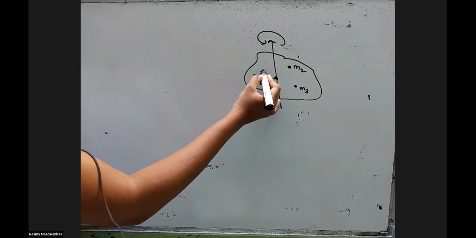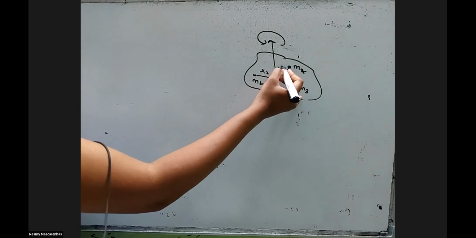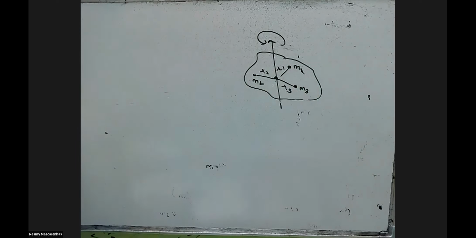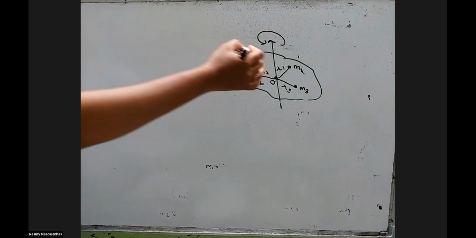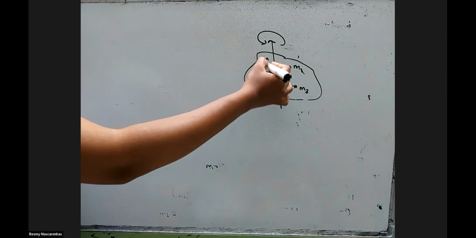This would be r2, this would be m1, this will be r1, this will be r3. This is with reference to origin. And like that, maybe many, so this would be mn, and this would be rn.